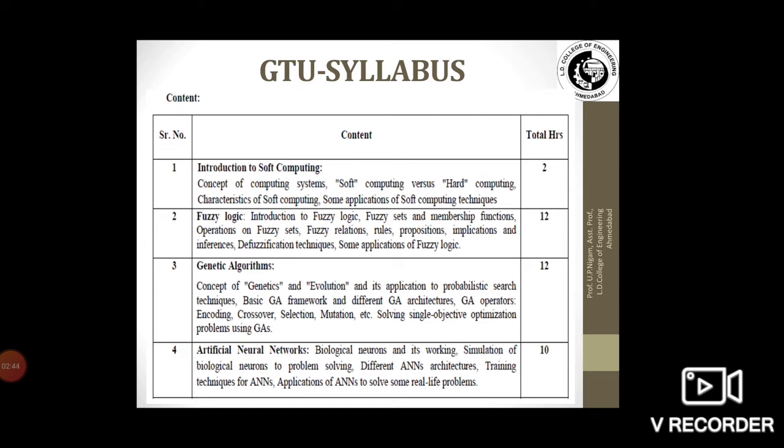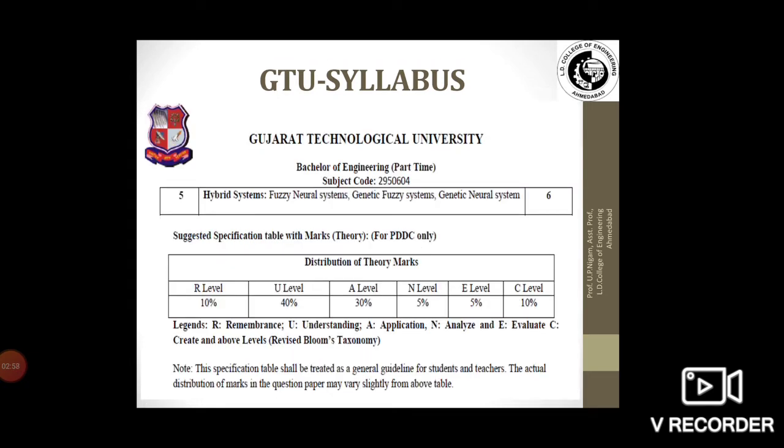It is based on Darwin's survival of the fittest theory. Then comes the artificial neural network, meaning going for some robotics or some artificial solution based on the human approach. So this is the 4th module. Then the 5th module is the hybrid system. Hybrid means mixed, a combination of one or two. Whenever 2 or 3 soft computing techniques are mixed, combined and then collectively used, it is known as a hybrid system.